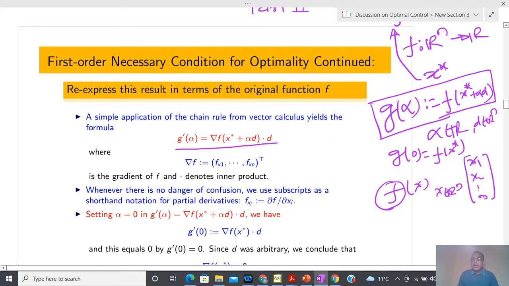Since I have a function with respect to x1, x2, x3 like that, the gradient is involved here, and then by chain rule you can see that this is a dot product, or inner product, with d. After that I have retained the same thing in shorter notation like this, and finally I am going to substitute alpha equal to 0 and substitute that condition g dash equals 0.